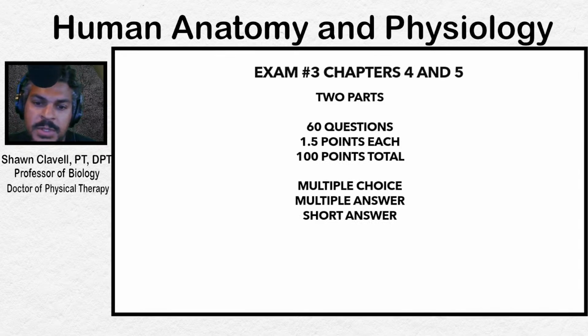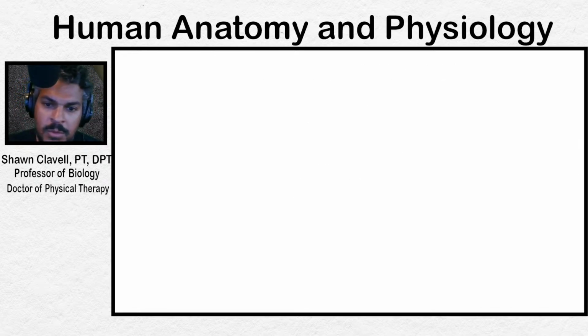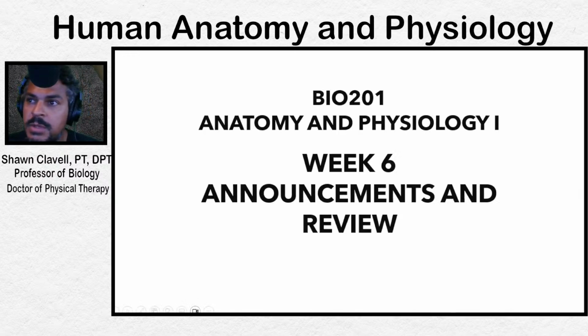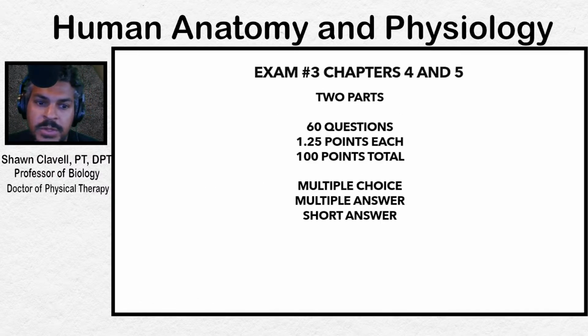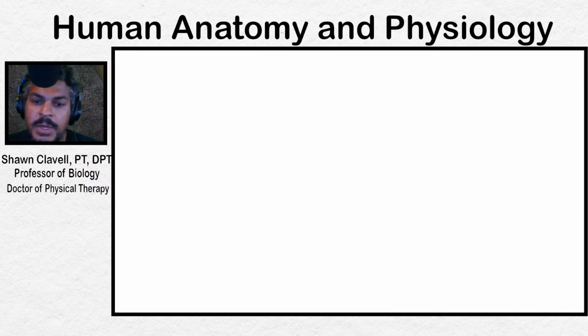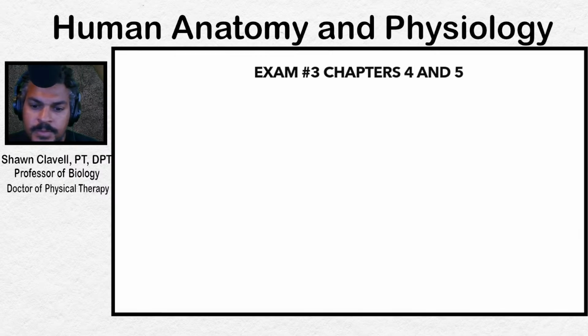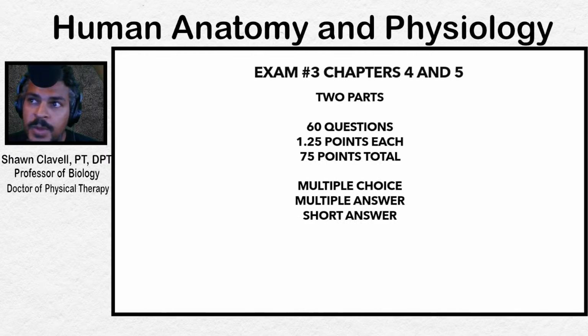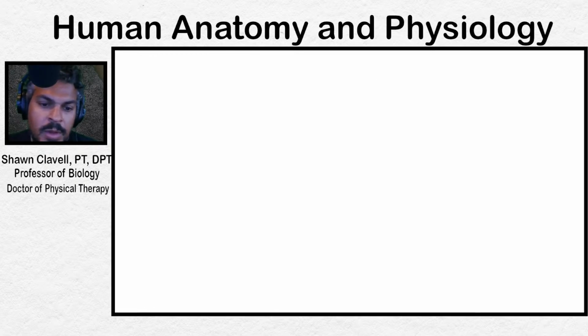The value of the points is going to go to 1.25, which comes out to the first part being worth 75 points. That's why it keeps going blank. I've got to fix something here.